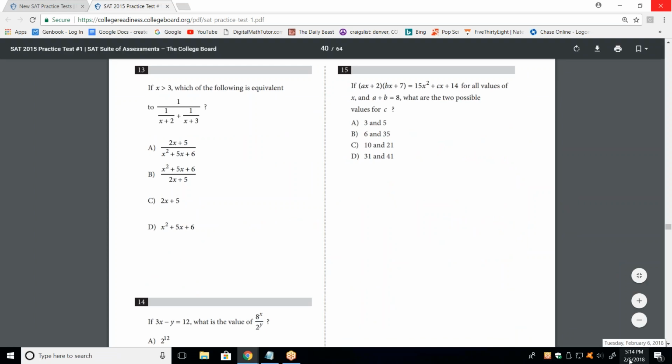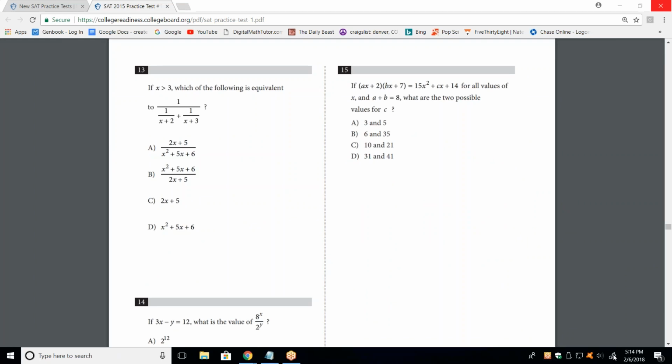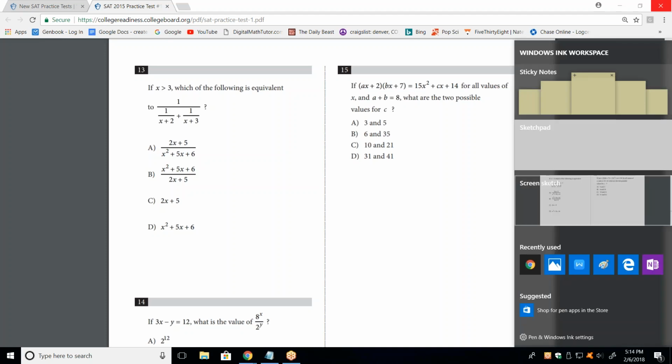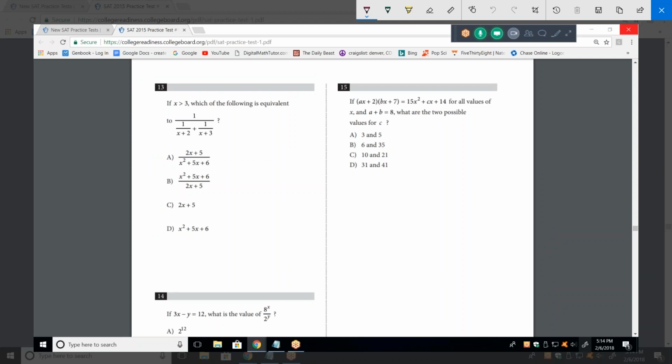Now, these can be kind of intimidating. Most people have enough problems with fractions, and this is a fraction in a fraction.